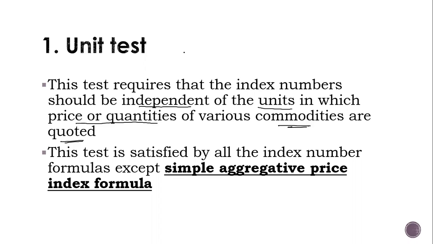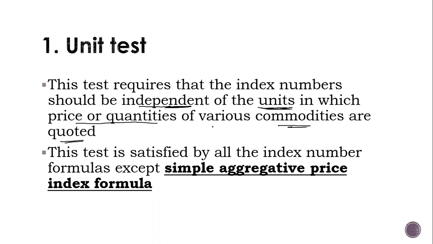So here, in the index number, I will just relate it. Each unit, whether it is price or the quantity, should be independent of its own units. It should not be dependent on every commodity, whether it is price or quantity.